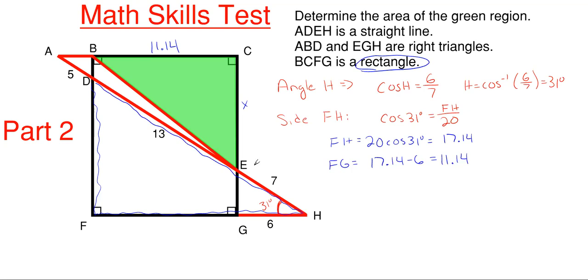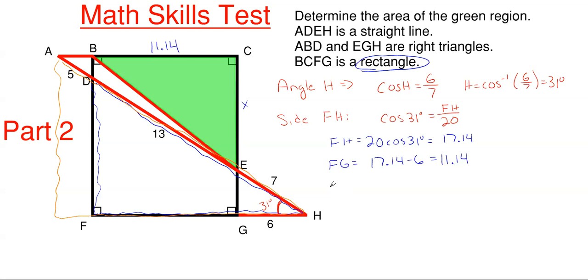One method to get C to E is that I can still use this straight line and find another right triangle, utilizing that 31 degrees and that hypotenuse shown there, which is 5 plus 13 plus 7, which gives me 25. This total height from A all the way down will be the same height as C to G.